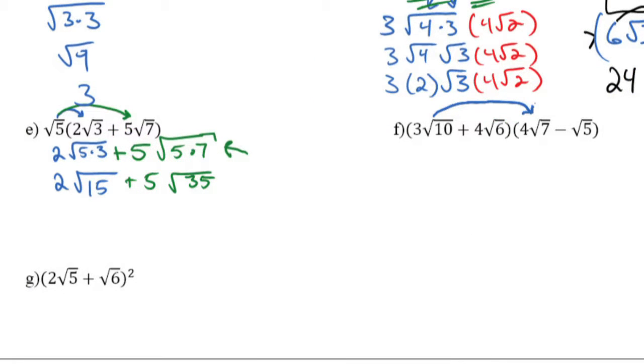All right, so I'm going to go the 3 times the 4. I'm going to write everything out. I have the 3 times the 4, and then I have the root 10 times the 7. So the things in front get multiplied by the things underneath. So there's my first. Outside is the O in FOIL.